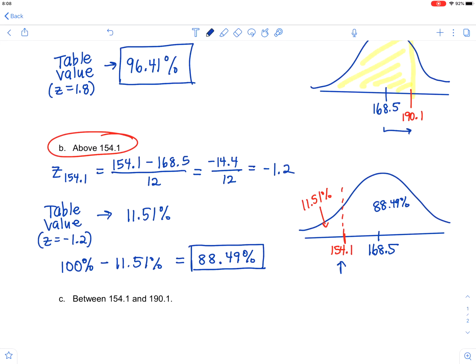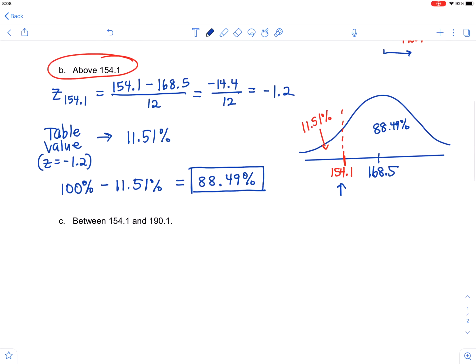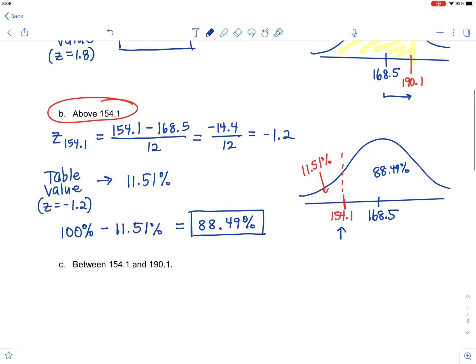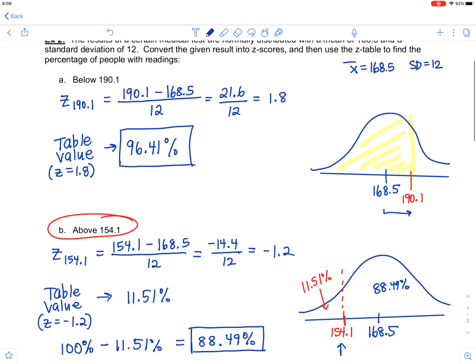And lastly, we're asked for the percent of scores between 154.1 and 190.1. We've already looked at these z-scores, so we're not going to recalculate them. The z-score for 190.1 was 1.8, which gave us a percentage of 96.41.